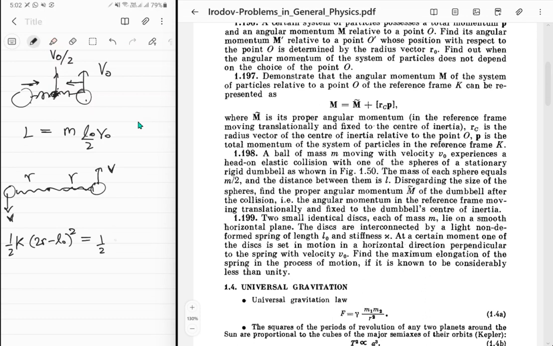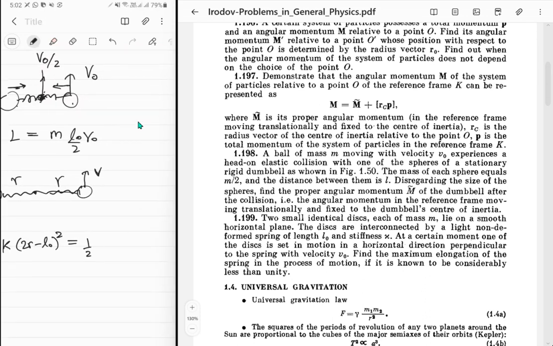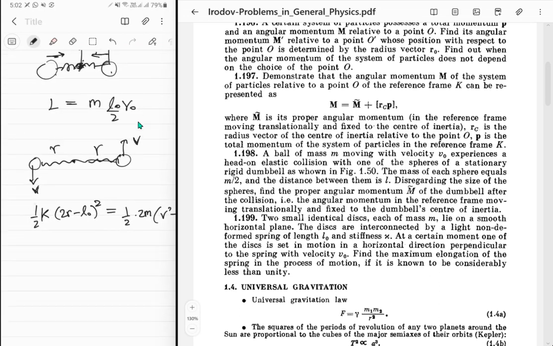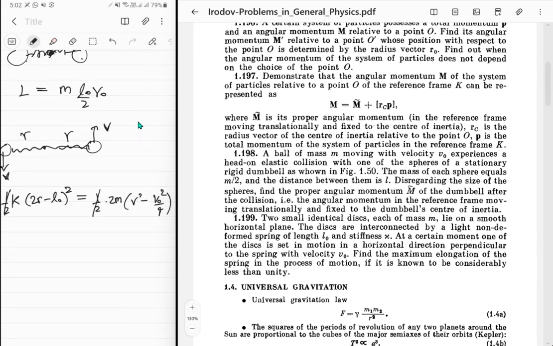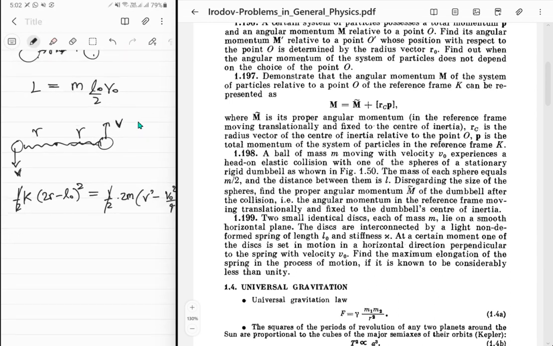It's going to be two of these, so half into 2m into v squared, and then minus v naught upon 2 squared, like v naught squared upon 4. This half can get cancelled. And that's energy conservation, and we also have angular momentum conservation.